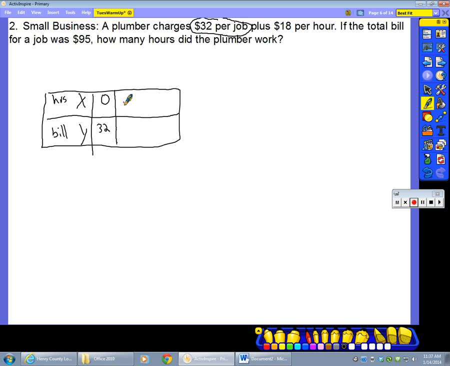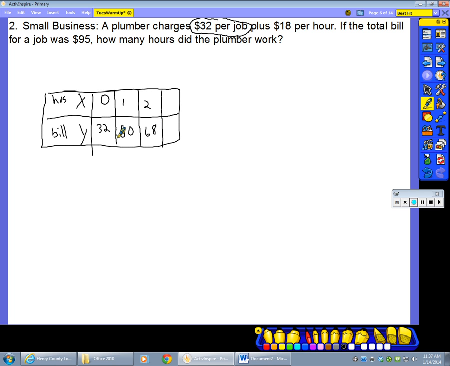So now, whenever he works 1 hour, he charges $32 to show up, and then $18 for the hour he worked. So 32 plus 18 is going to be 50. And then if he was going to work another hour, then it would be 50 plus another $18, and that'll bring you up to 68.